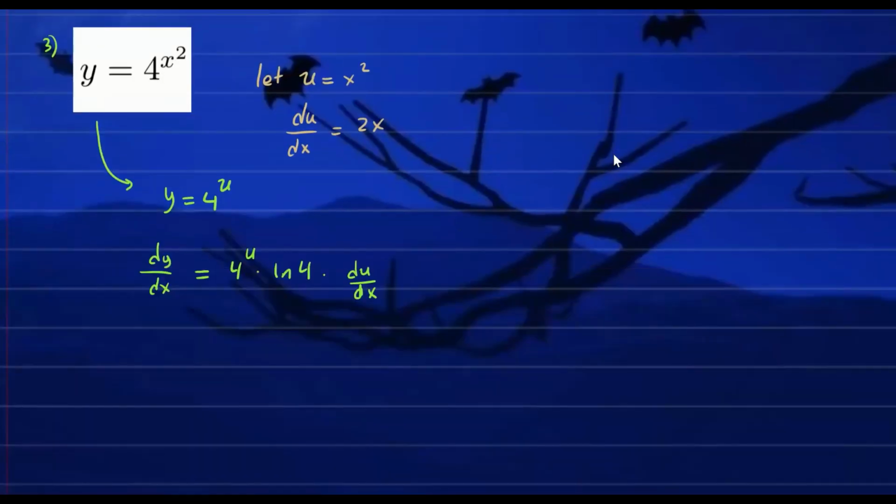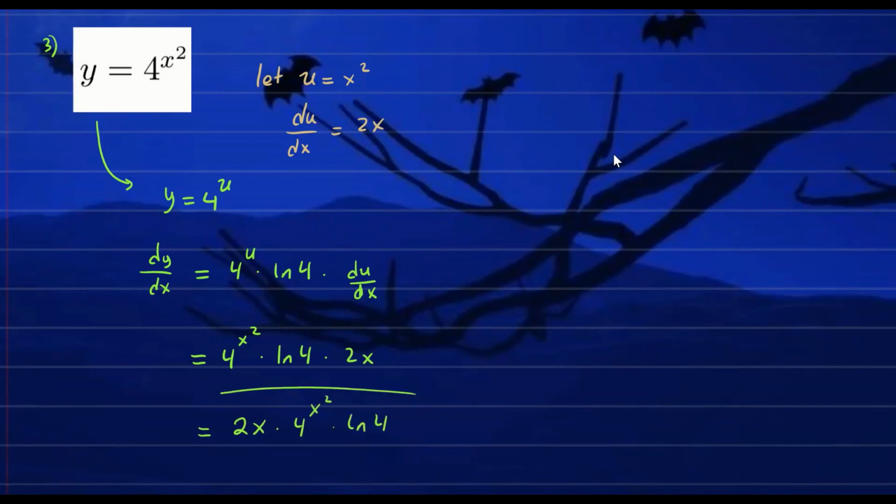Simply plugging in what u and du are, this is equal to 4 to the x squared times ln of 4 times 2x. Now that's good enough, or if you want to clear things up a little bit, you can say this is 2x times 4 to the x squared times ln of 4. That will be the final clean answer.